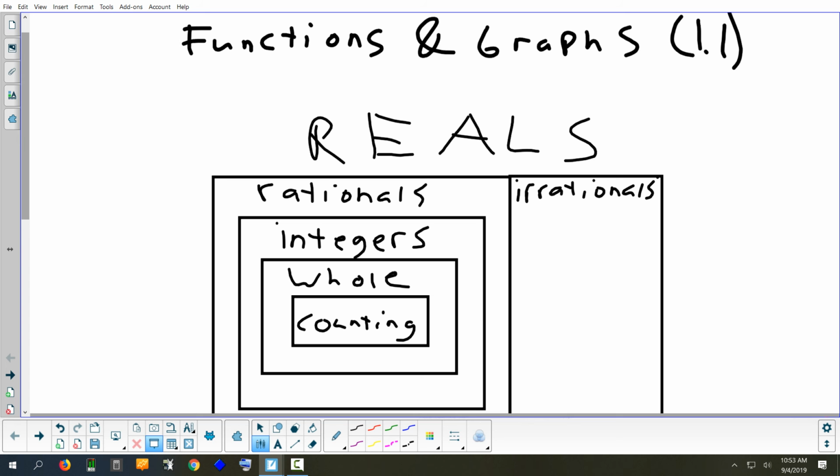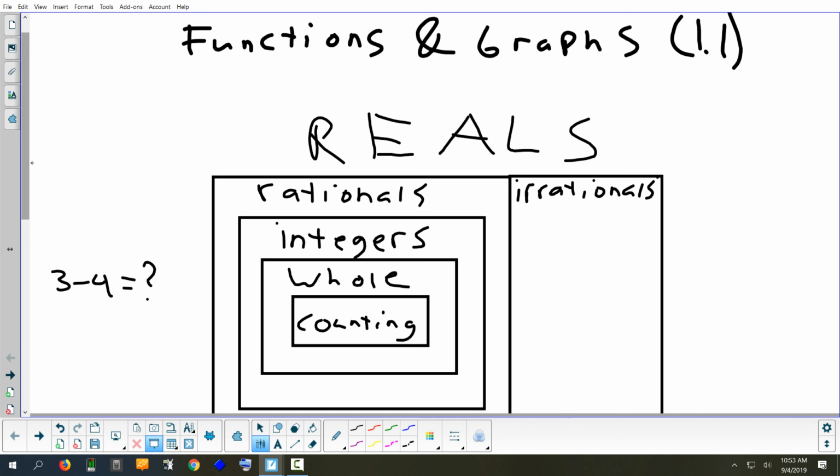How about subtracting though? Can anybody give me an example of a whole number minus another whole number, but the answer is not a whole number? Yeah, Zach? 3 minus 4. Yeah, that's a problem. If all you understand is whole numbers, you can't do a problem like that.